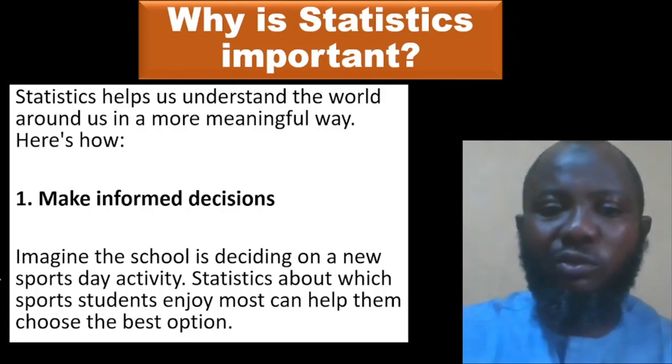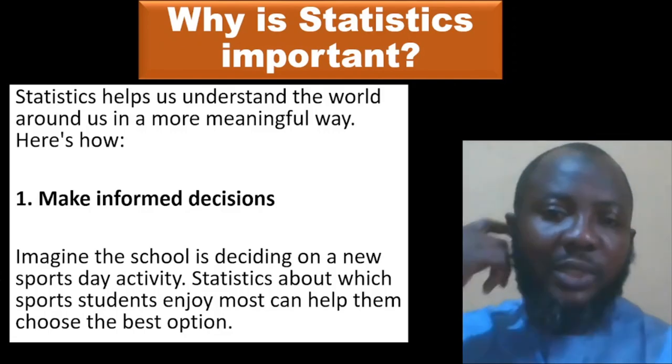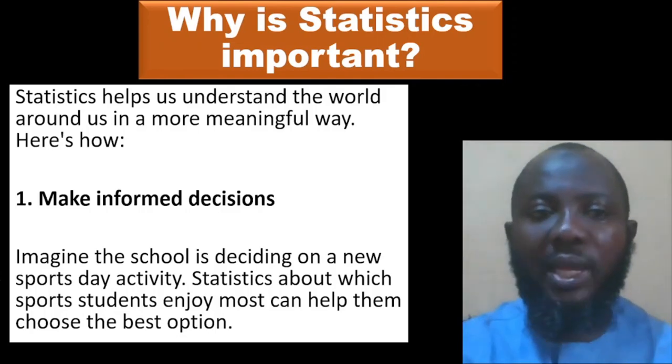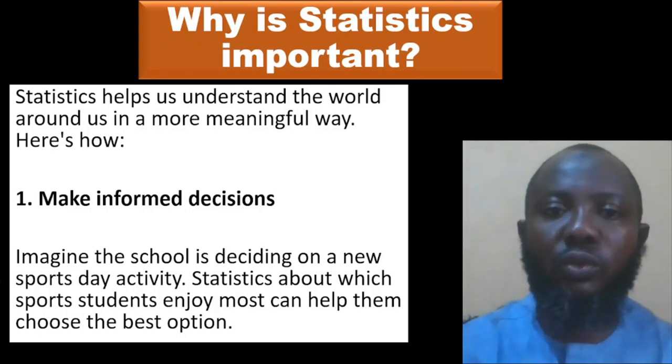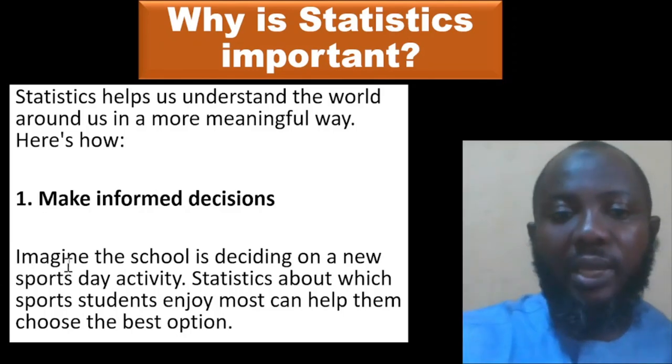So it makes us make informed decisions because we are informed about the trend or the number of people that like a particular sport. That will make us know, okay, let's allocate more days to this particular sport than the other ones.